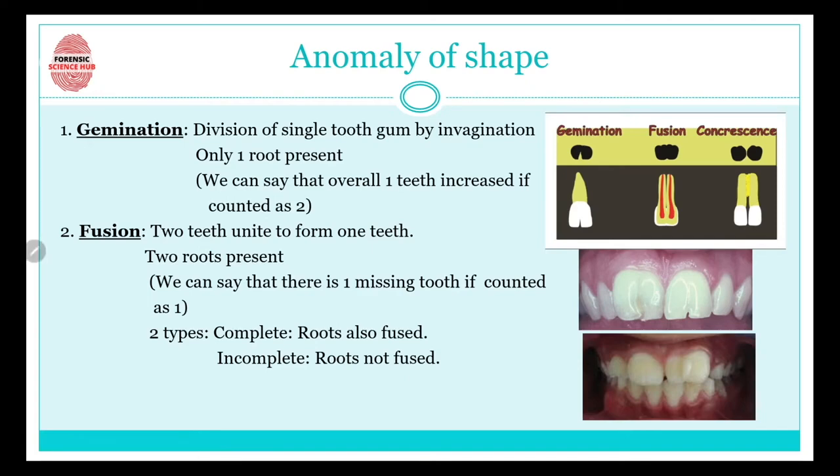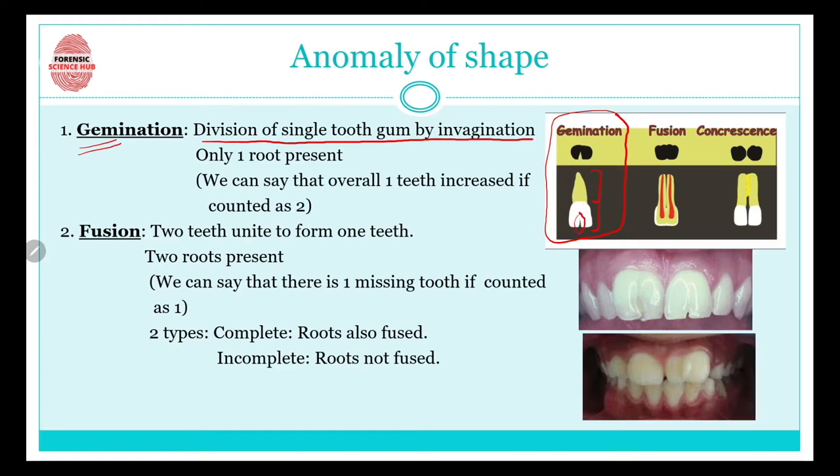Next comes anomaly of shape, that is the shape of the person's teeth is changed, right? So first in this comes gemination. What happens in gemination is there is division of a single tooth germ by invagination. If you look at this particular area in this figure, this is gemination in which we have one root, right? But in the white portion or the enamel portion of the tooth, we get to see a division. As you can see, here is the division, right?